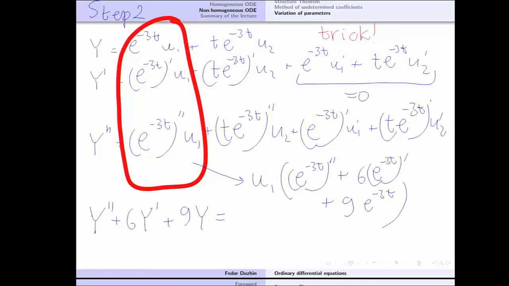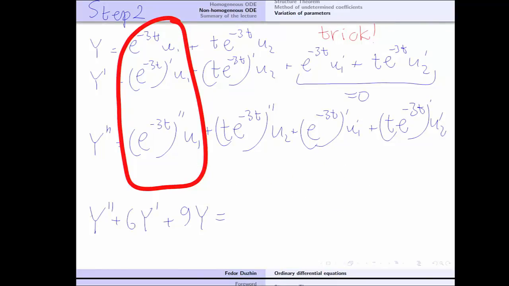But recall that e to the minus 3t is by construction a solution of the differential equation y double prime plus 6y prime plus 9y, which means that this thing is just 0, right? So this is 0 because it is by construction. So I will erase it and write that this is 0.